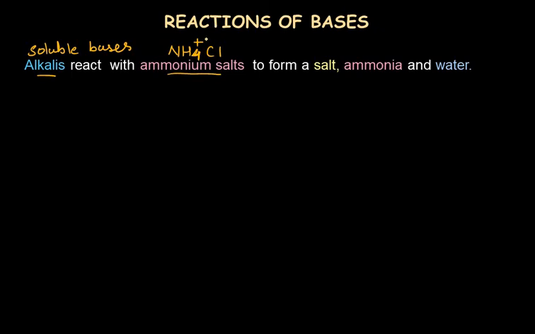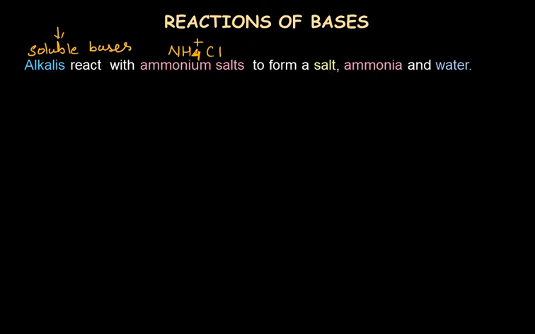The soluble bases like alkalis react with ammonium salts to form a salt, ammonia and water, and we can also use this reaction to test for the presence of the ammonium ion in any compound. So this is also important analytically.